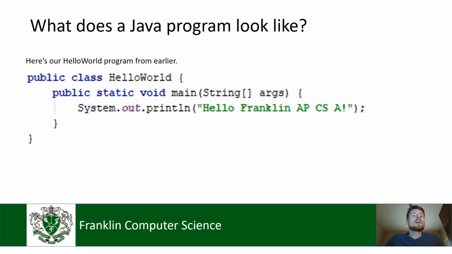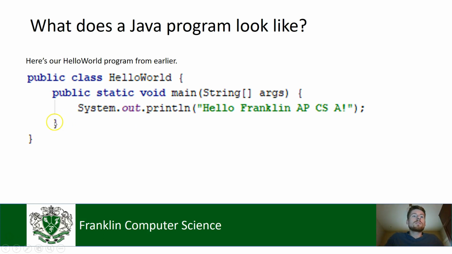Public class Hello World, open curly brace, public static void main, parentheses, String bracket args, close parentheses, and then another open curly brace, and then System.out.println, parentheses, some text in quotation marks, and then a semicolon at the end, and a closing brace for the main and a closing brace for the class.